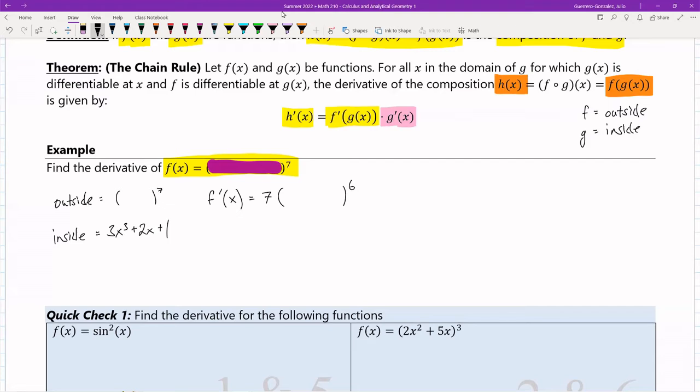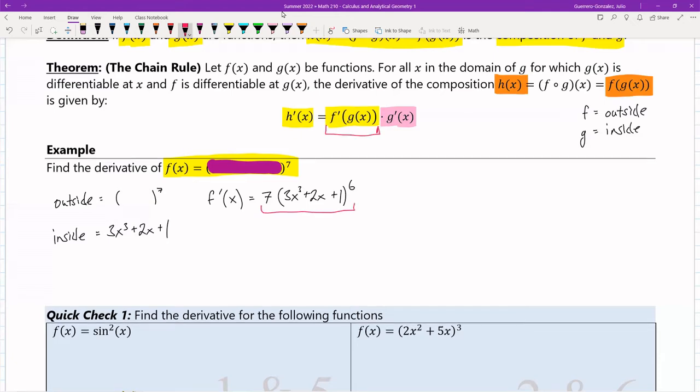Now remember how our definition goes. The inside remains untouched. The inside was just 3x cubed plus 2x plus 1. So that's the very first portion. What we did just here is this bit right here.